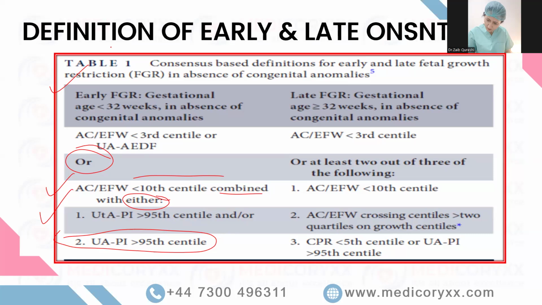Because embryologically, when vessels are being formed, with the passage of time the fetus is growing, so the mother has to pump blood which contains oxygen, nutrients, everything. Then there should be a good flow from the mother to the fetus.